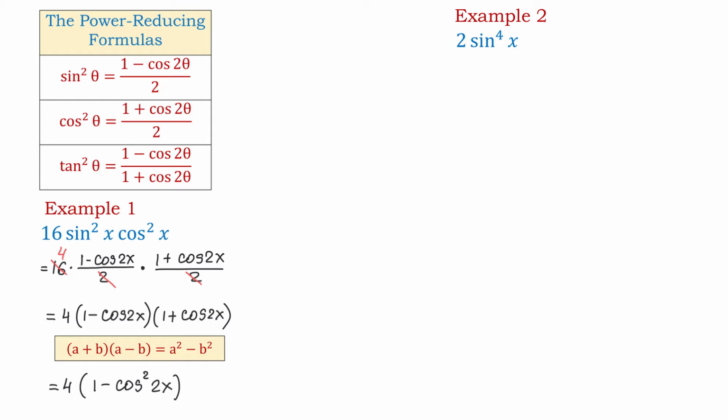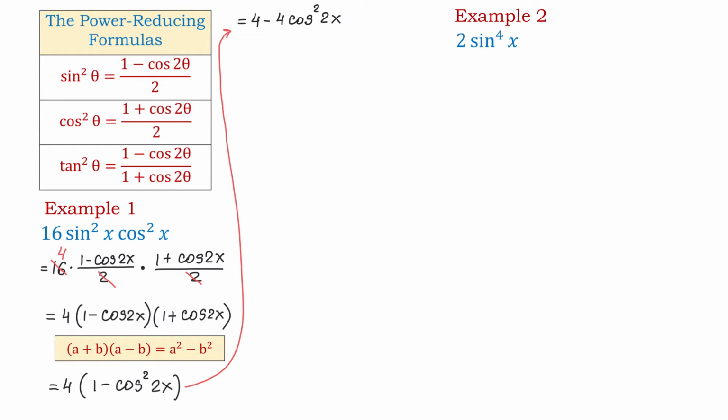Now from here we have to continue because the goal of this problem is to reduce the power, and this expression still has the power of 2. So we will continue by distributing 4, and let's continue up here with 4 minus 4 cosine squared of 2x. And now to reduce the power of cosine, we will use this formula one more time.